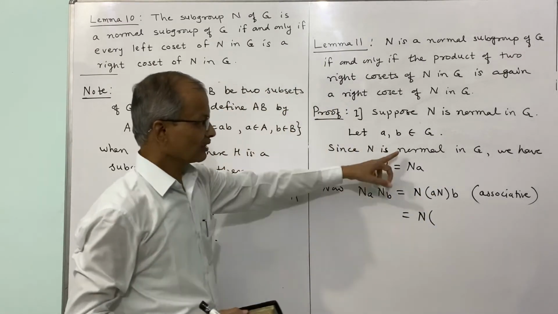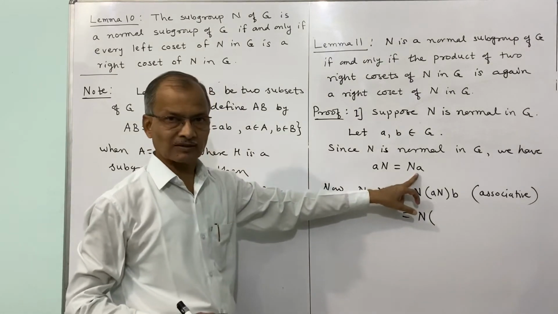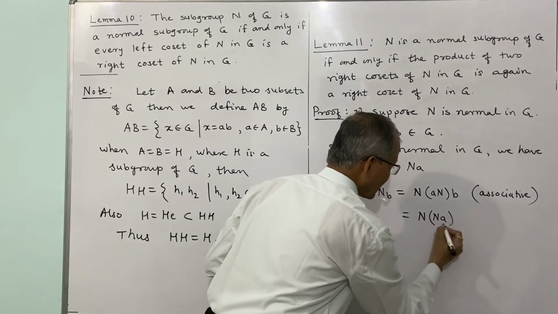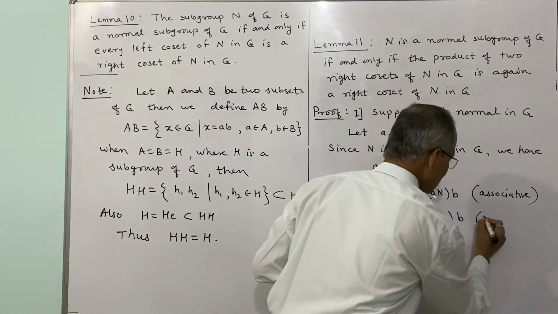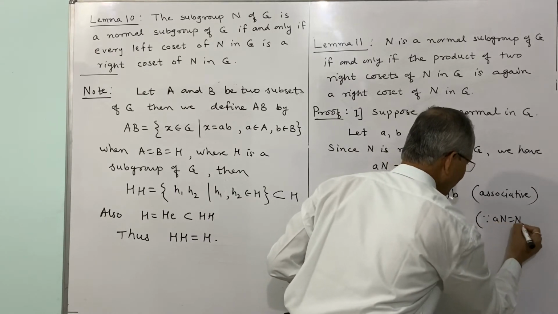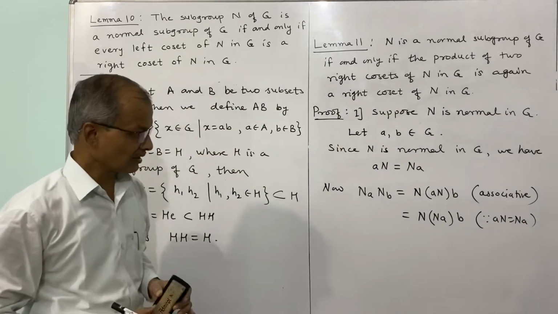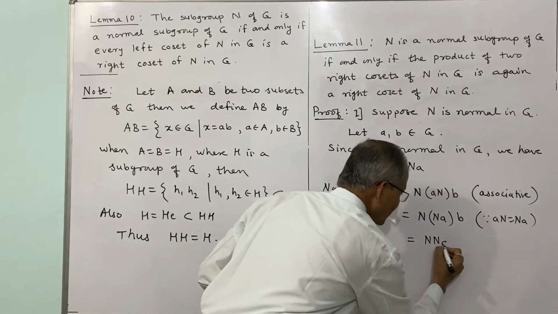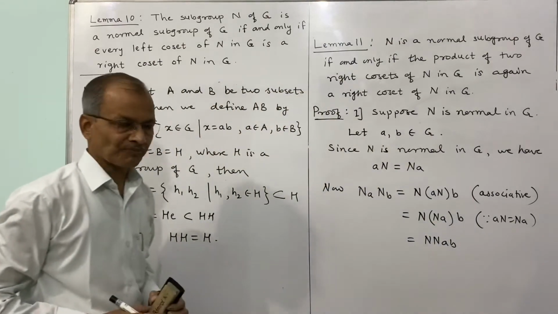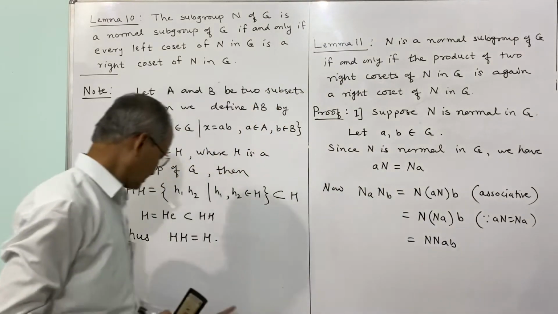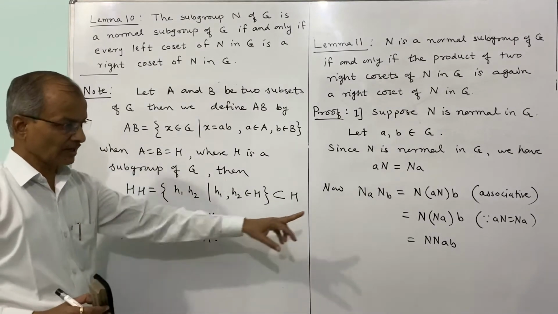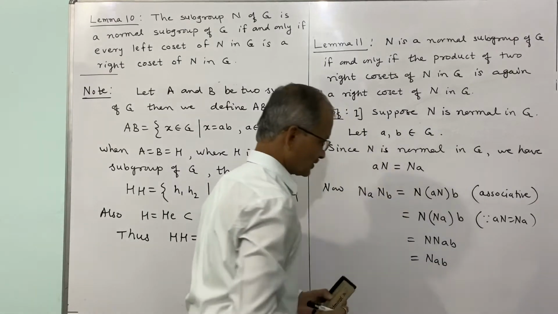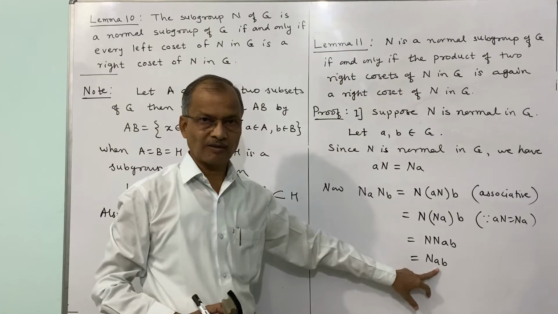Now you see, because N is normal, the left coset is the same as the right coset, so this AN we shall replace by NA, into B, since AN is equal to NA, left coset equal to right coset. Further, this is equal to N into N AB, by the associative law. But what is N into N? We saw that H into H is H, so N into N is N, so therefore this is NAB, and thus this is a right coset. NAB is a right coset.